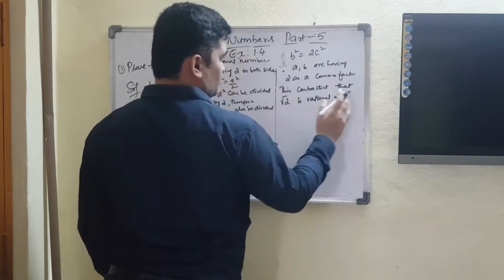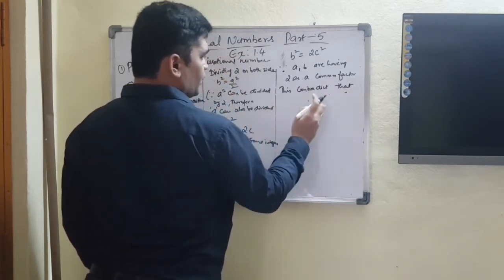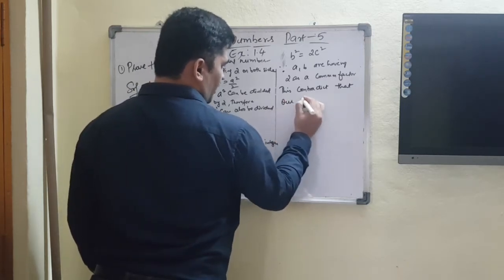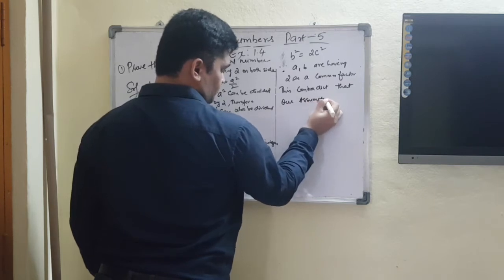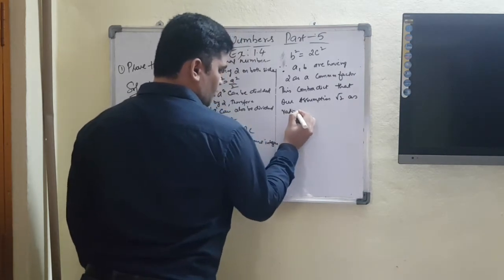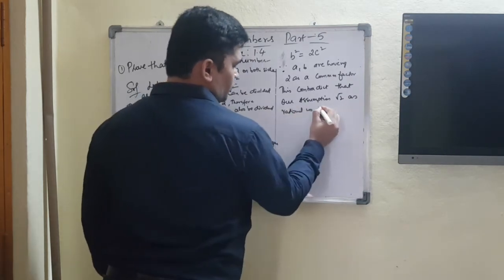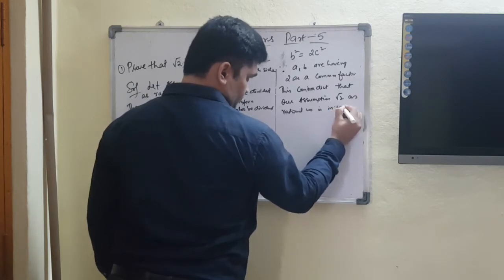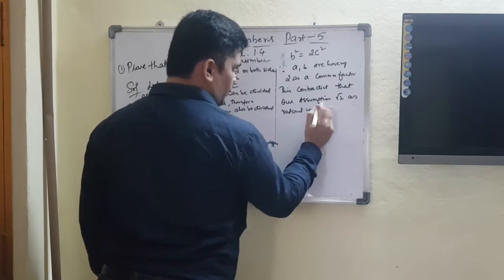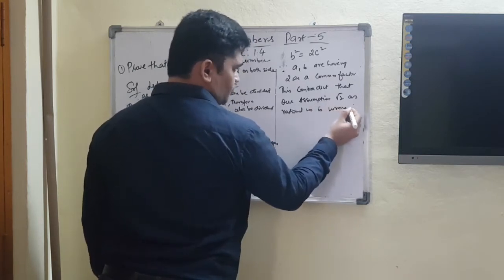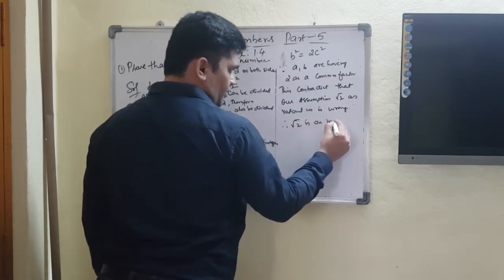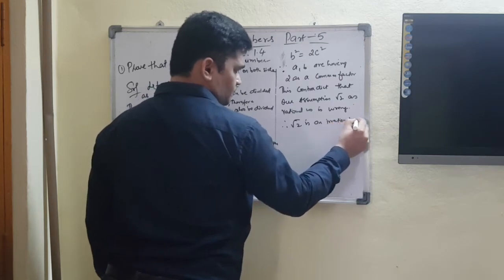Sorry, this contradicts our assumption. Our assumption of root 2 as a rational number is incorrect, or just simply you can write that rational number is wrong, therefore root 2 is an irrational number.